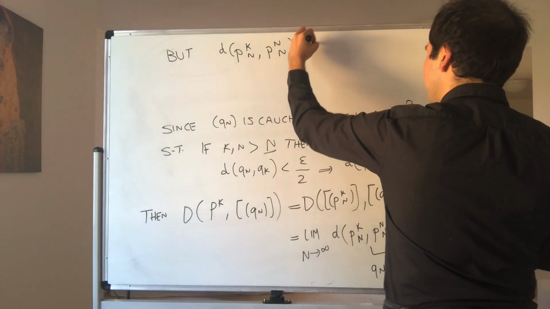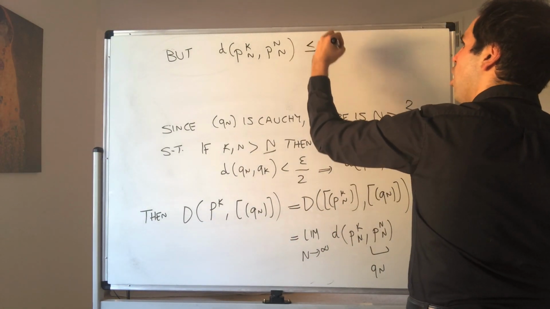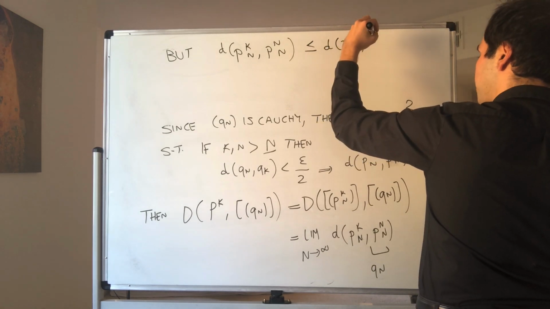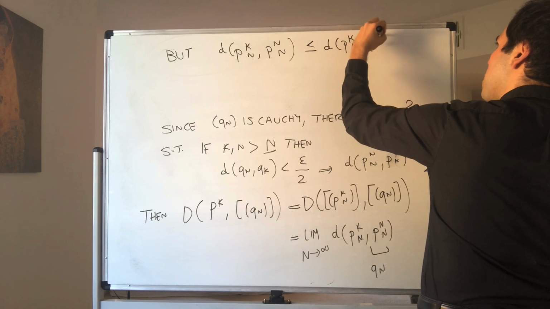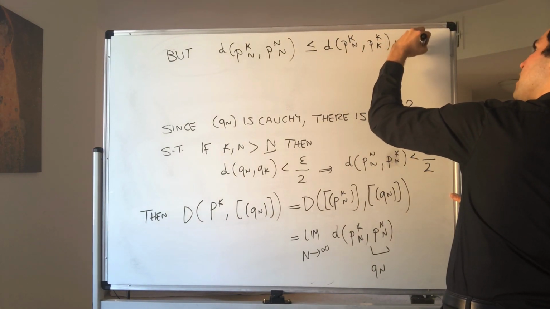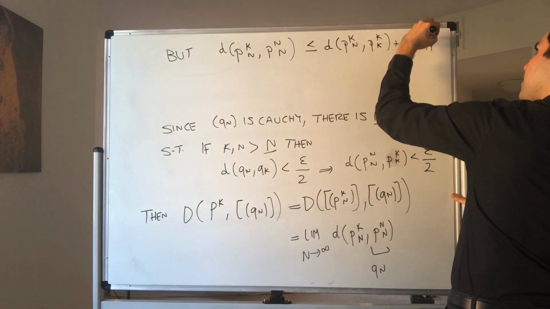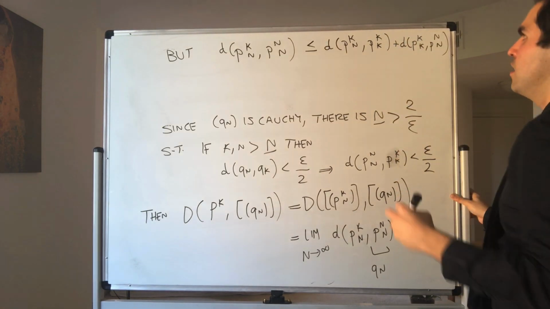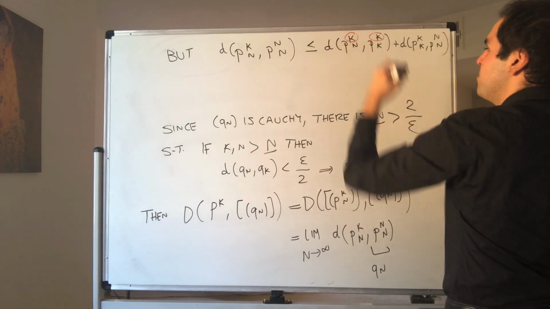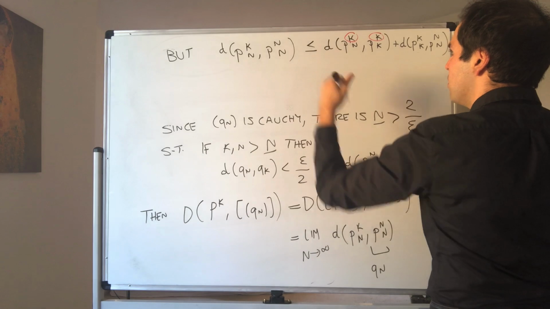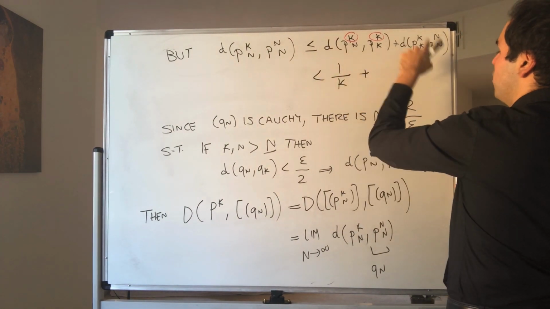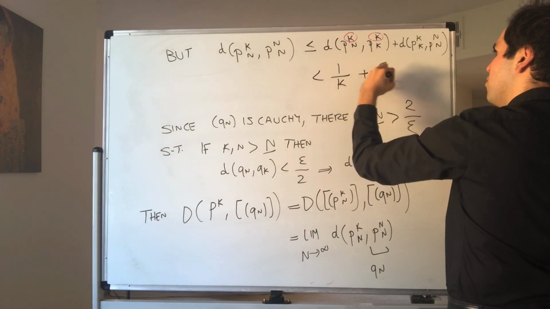This is less than or equal to d of PKN and PKK, plus d of PKK and Pnn. Now here's the thing, remember for fixed K, this becomes less than 1 over K. And this becomes by definition less than epsilon over 2.